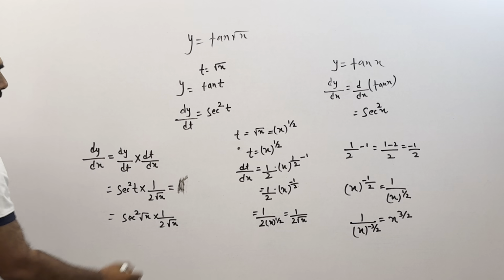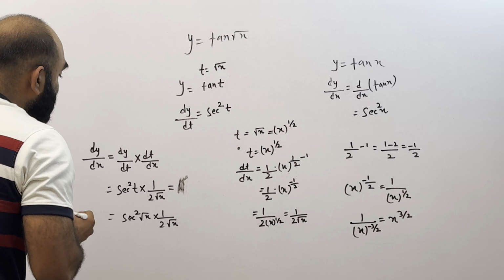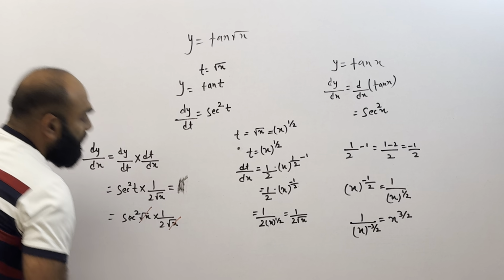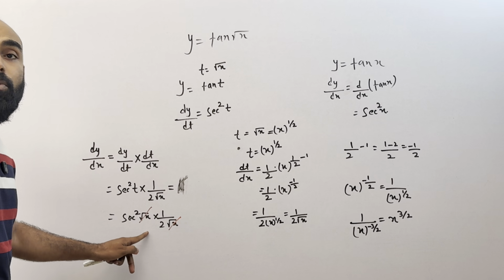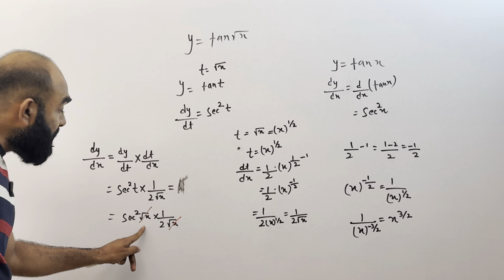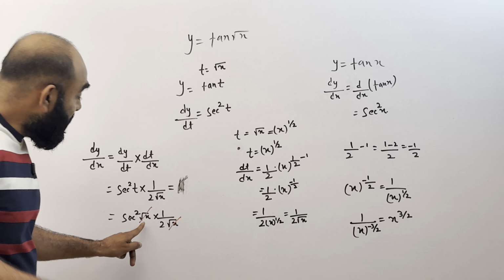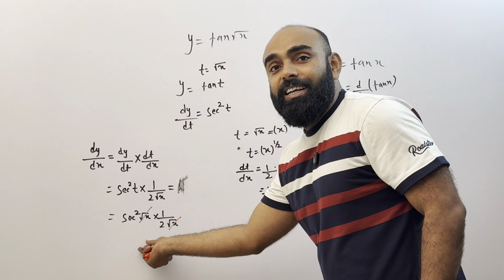Now what will I do? I will cancel this, root x to root x. Correct? Never do these things. Never cancel this one. Here root x is the part of sec. That is the angle. It is not a different thing.